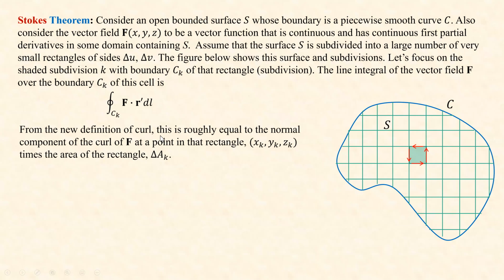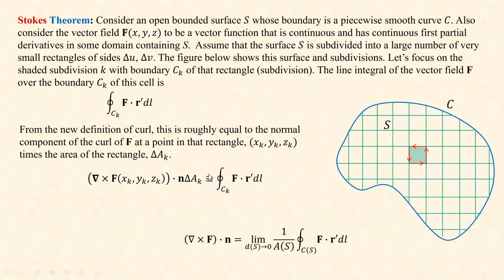From the new definition of curl, this is roughly equal to the normal component of the curl of f at the point in that rectangle. So remember, curl of f dot n was this. So if the area is small enough, we can take out the limit and say it is roughly equal to that, right? And then this integral over this path, which is almost a rectangular path, becomes the component of curl perpendicular to the surface at that point times the area. All right. So we can write it this way.